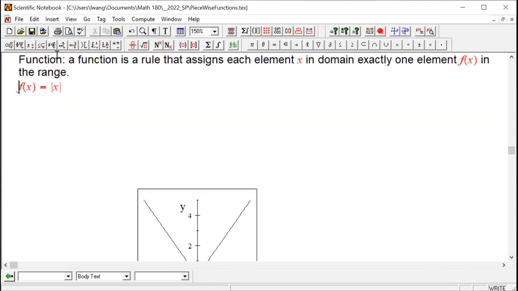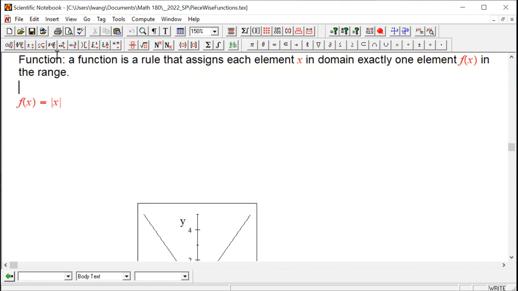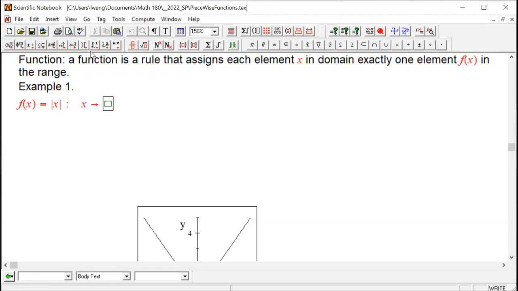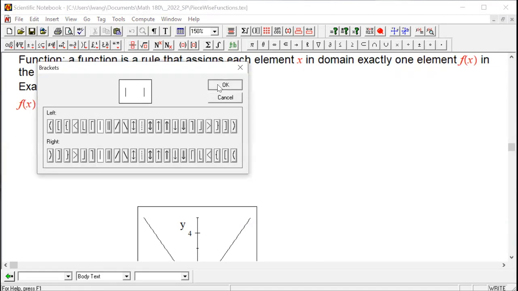Now let's recall what we know about this function. We're going to use this as example number 1. According to this rule, I'm going to take an input, and this input could be a positive number, a negative number, or 0.